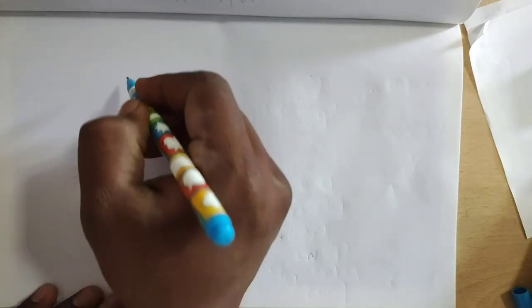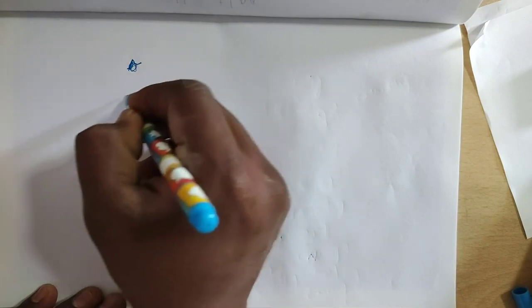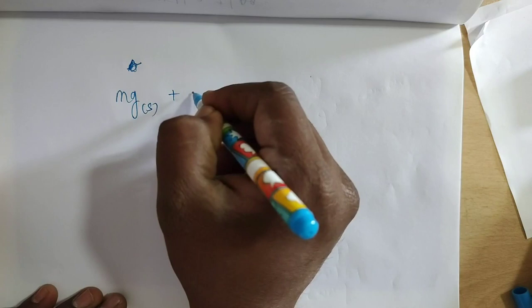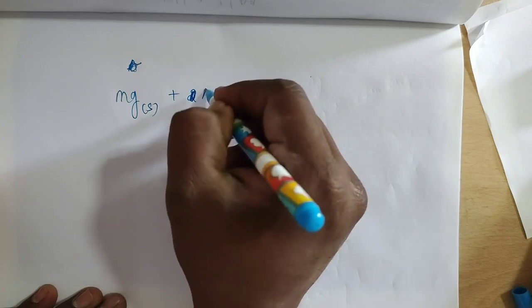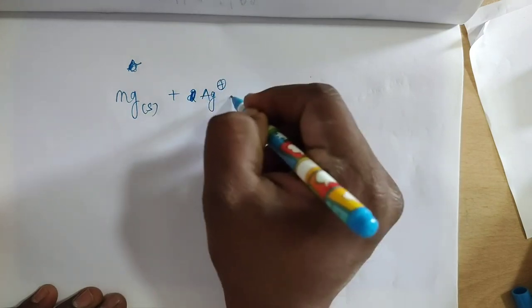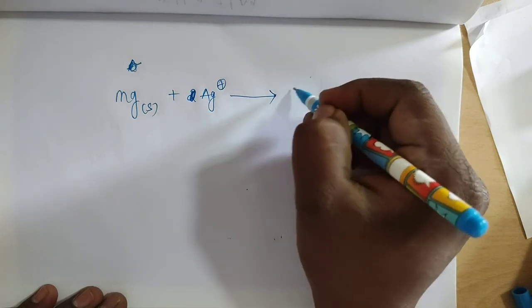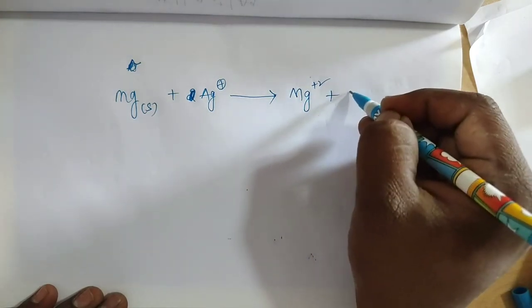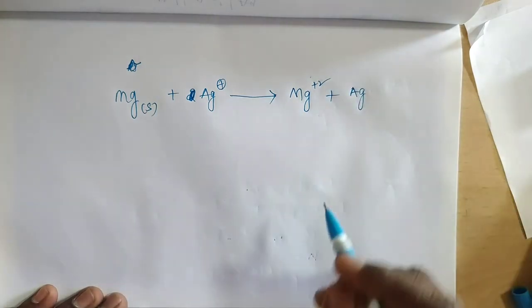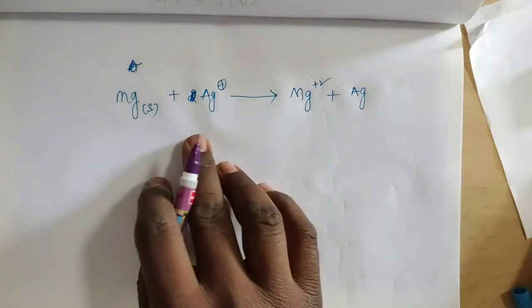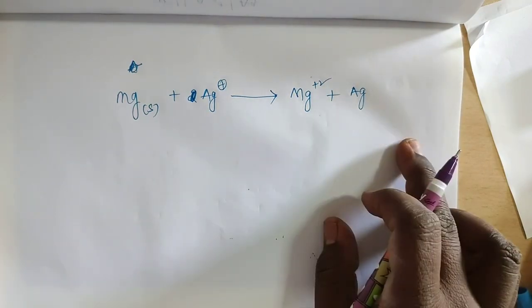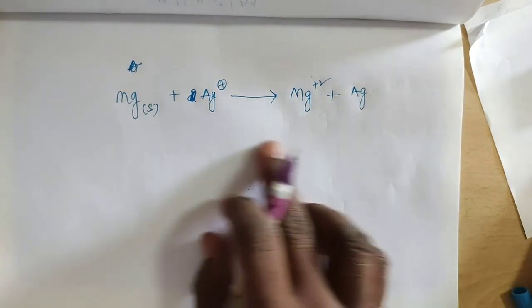Equation for magnesium: Mg solid plus Ag plus gives rise to Mg plus 2 plus Ag. Okay, so this is a reaction. First of all, you write the galvanic cell equation.